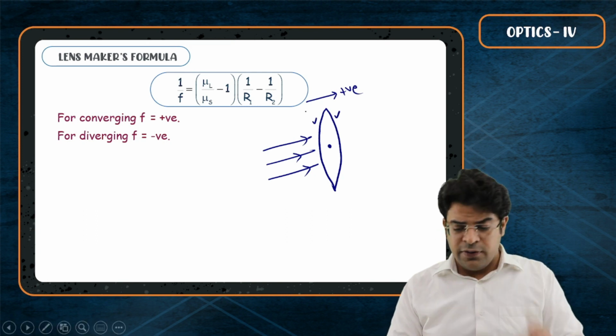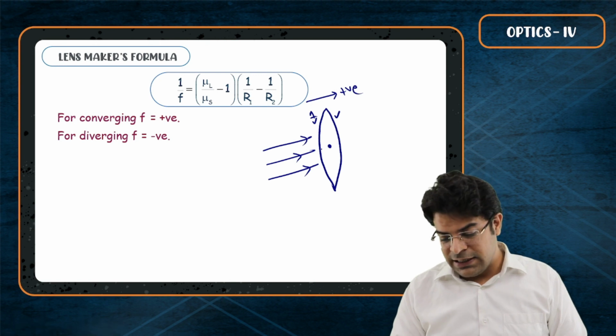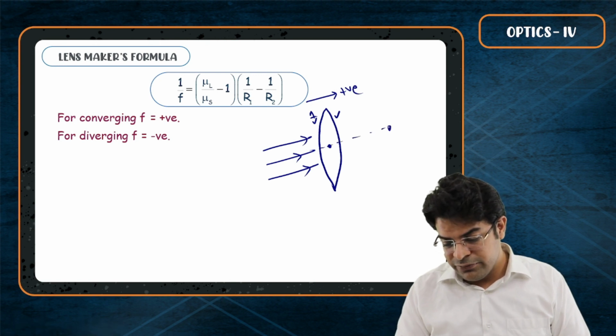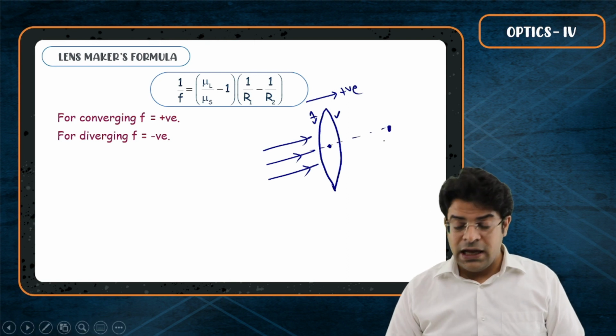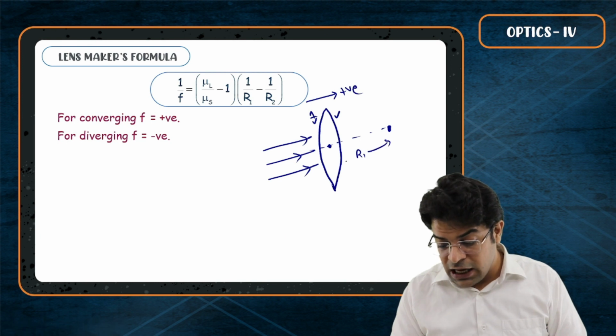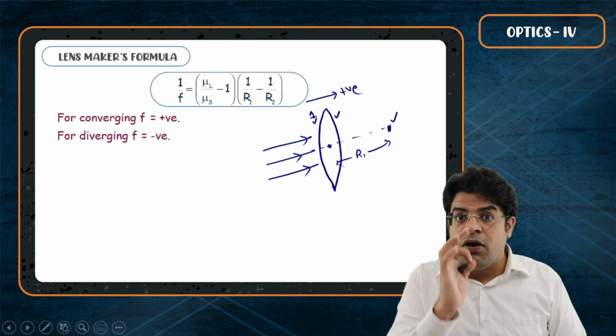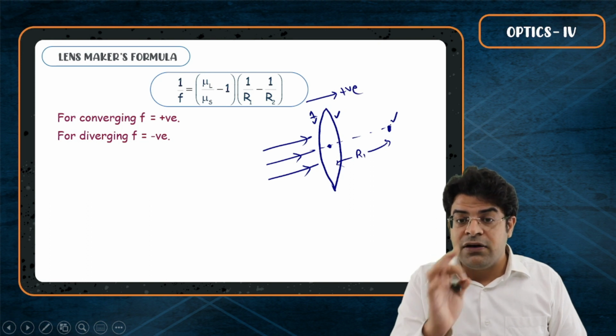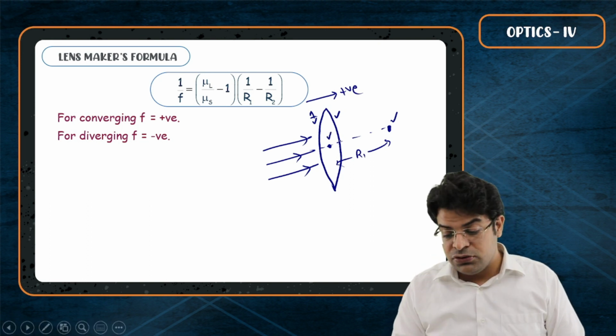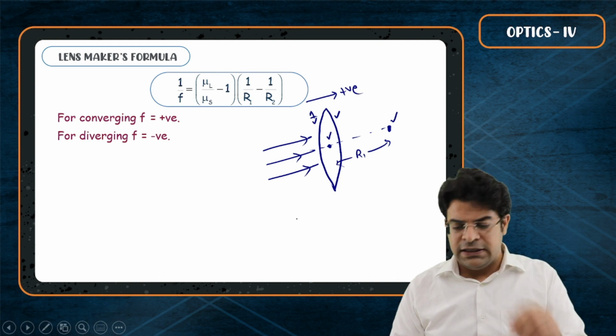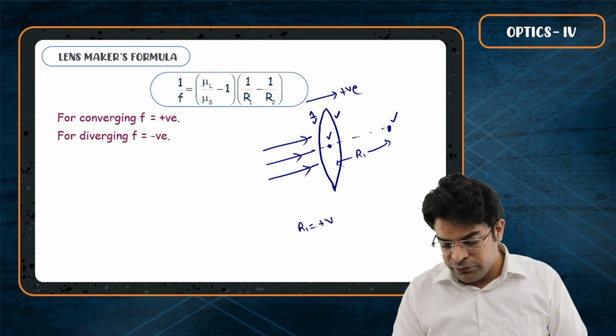For the first refracting surface, the center is somewhere here. So you will say R1. What is R1? The position of the center of the first refracting surface with respect to optical center. So you will say for a biconvex lens, R1 will be positive.